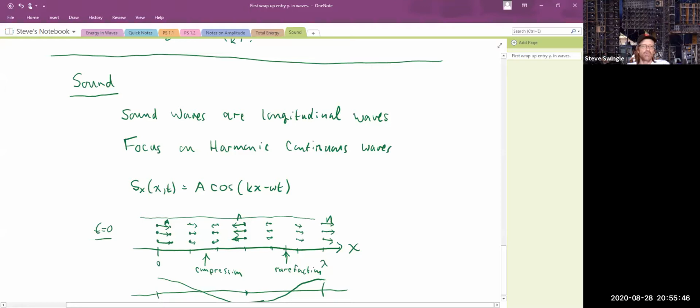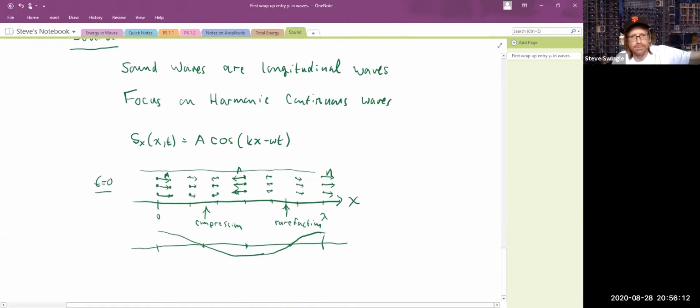And the compression and rarefaction points are always out of sync, spatially, with the points of maximum particle displacement, right? So it's kind of interesting. It's a completely different sort of interpretation. In a transverse wave, you can think of this point and this point as being more or less the same.